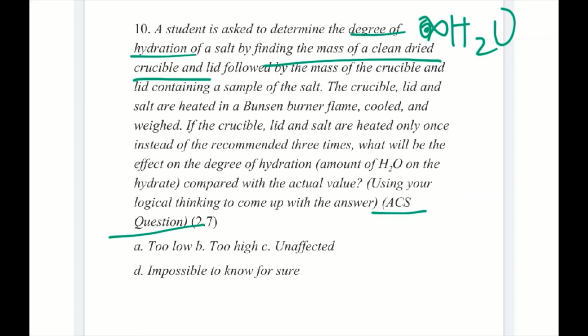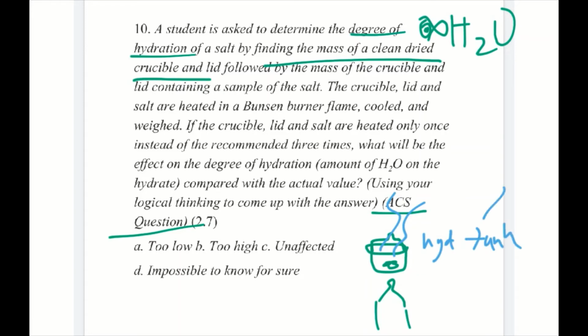Now, this sounds a little bit complicated, but let's think about this. We have a crucible, which kind of looks like a really tiny pot with a lid, and there's some salt in it. When you heat it, remember, the water will escape because the hydrated form will be converted into the anhydrous form, and the water will escape into the air because it gets evaporated away.